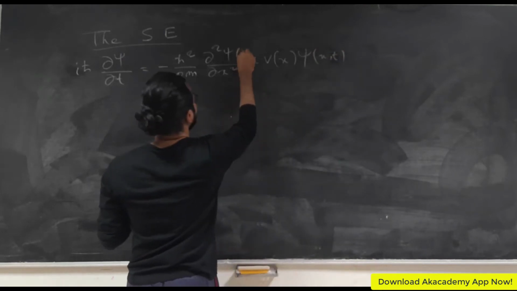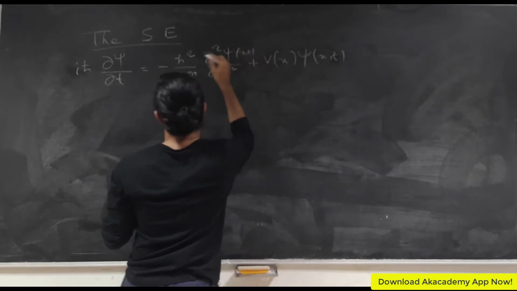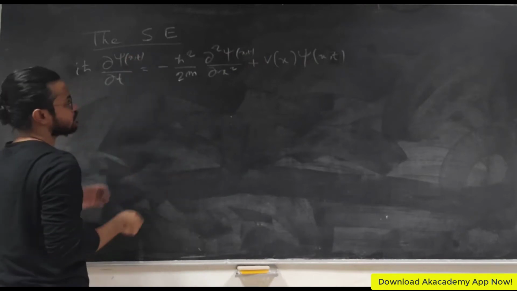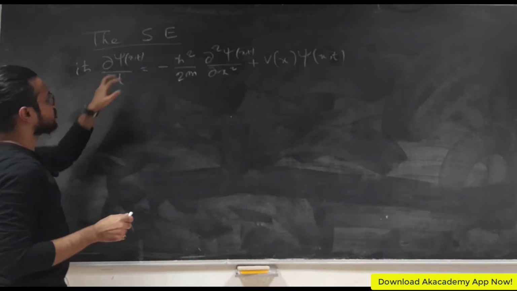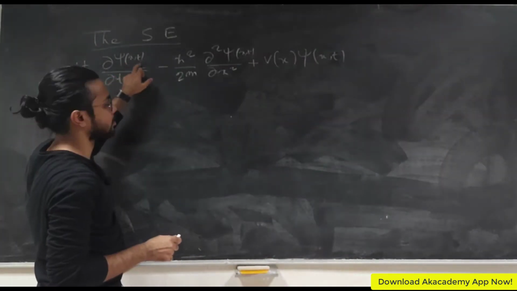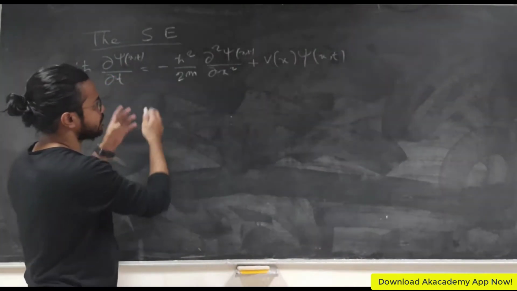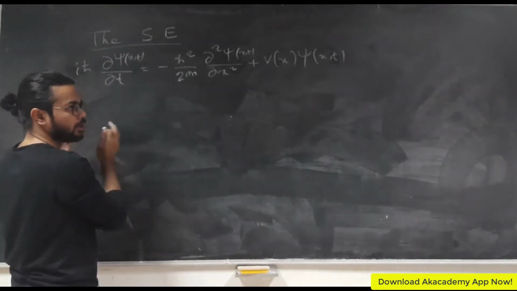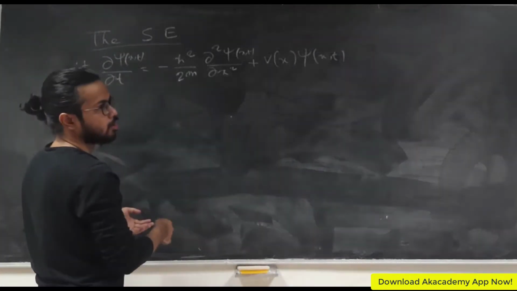All this function is a function of x and t. So we can see that psi is a function of two variables, x and t. Let's try to separate this equation into two separate parts, one with only the time dependence and another with only the space dependence.